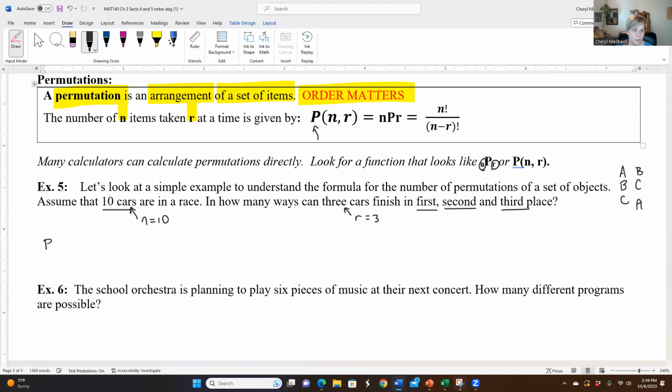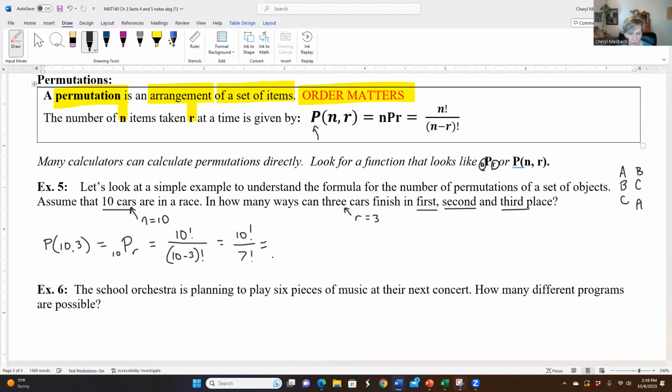So this would be a permutation of 10 things taken 3 at a time, which can be written like this, or 10P3. And our formula would say, in the numerator, we're going to write 10 factorial divided by (10 minus 3) factorial, which of course is 10 factorial over 7 factorial.